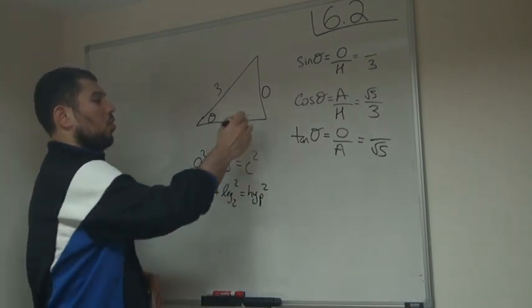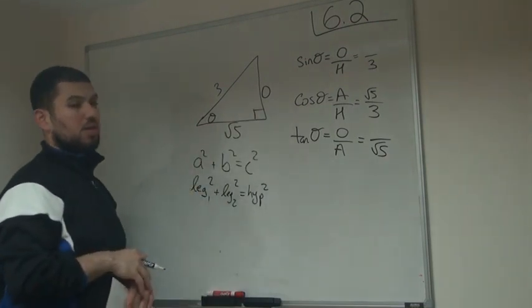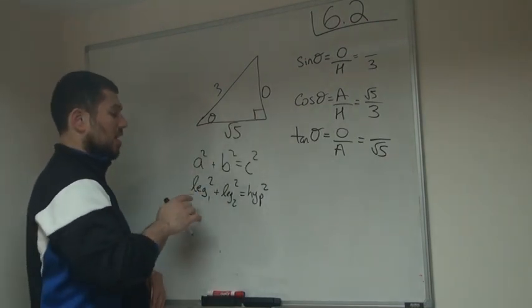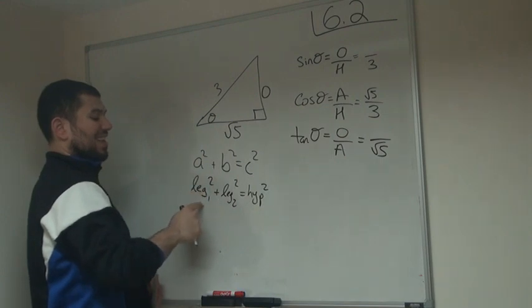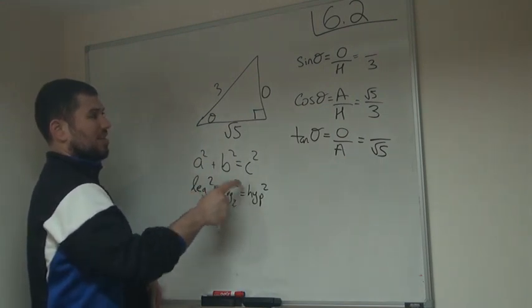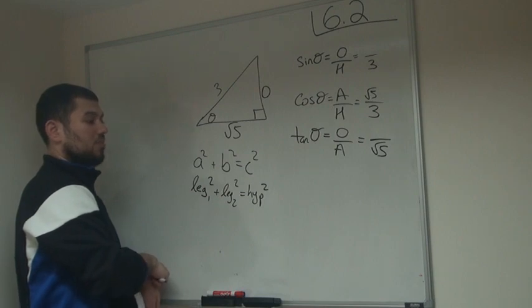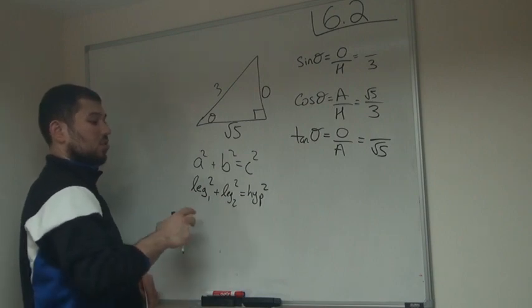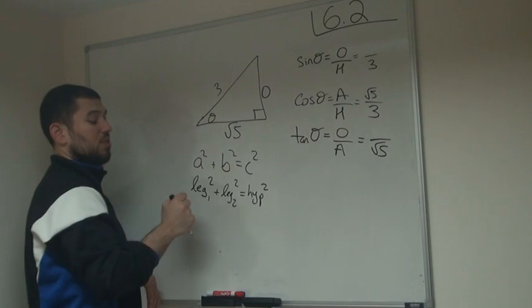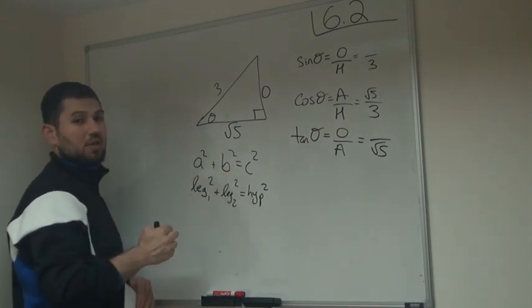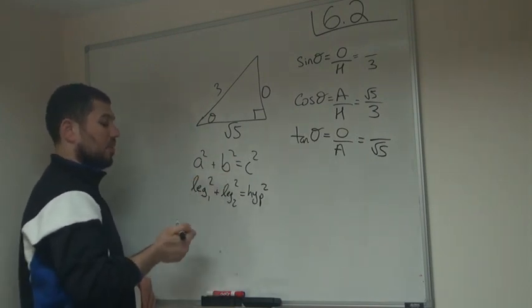Important to note, only if we have a right triangle can we use the Pythagorean theorem, and it'll tell you that the sum of the squares of the legs gives you the hypotenuse squared. The hypotenuse again is the longest side. So sometimes when people say a squared plus b squared is c squared, they put the c in the wrong place. Shooting yourself in the foot there.